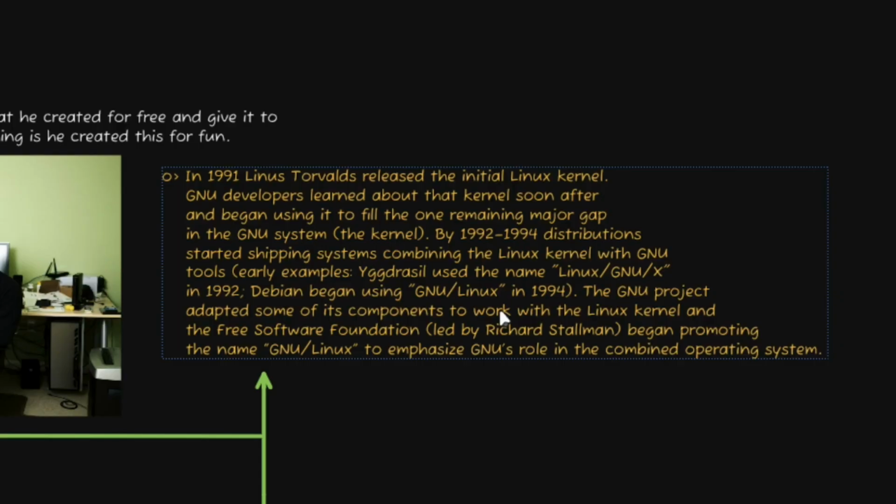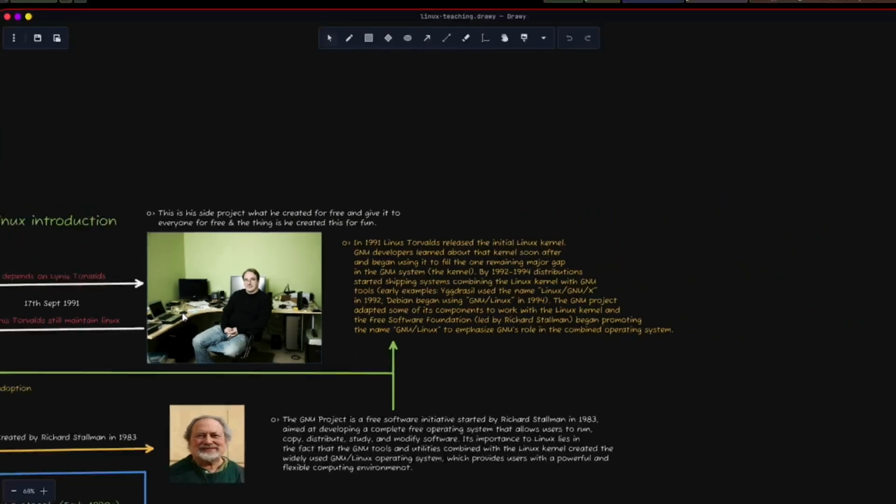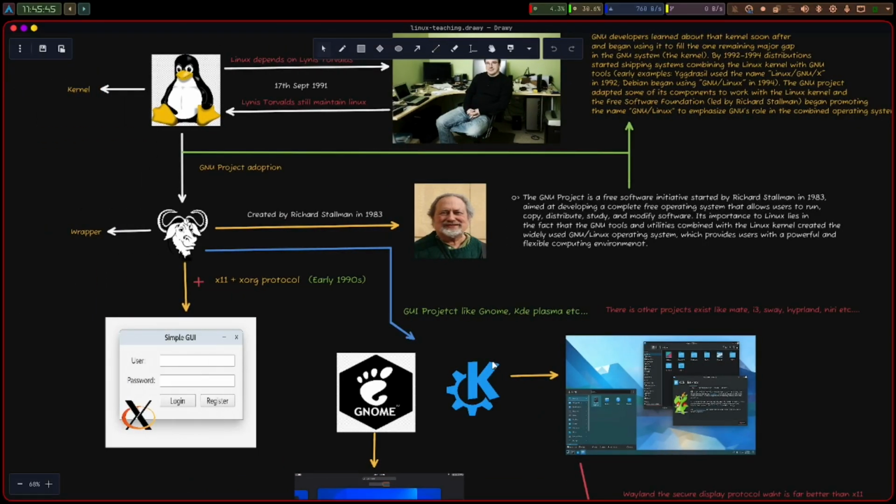I know Windows is completely different, but it is still like a wrapper. A user can use the terminal, open a file manager, etc. And at first, GNU developers had to learn about the kernel.